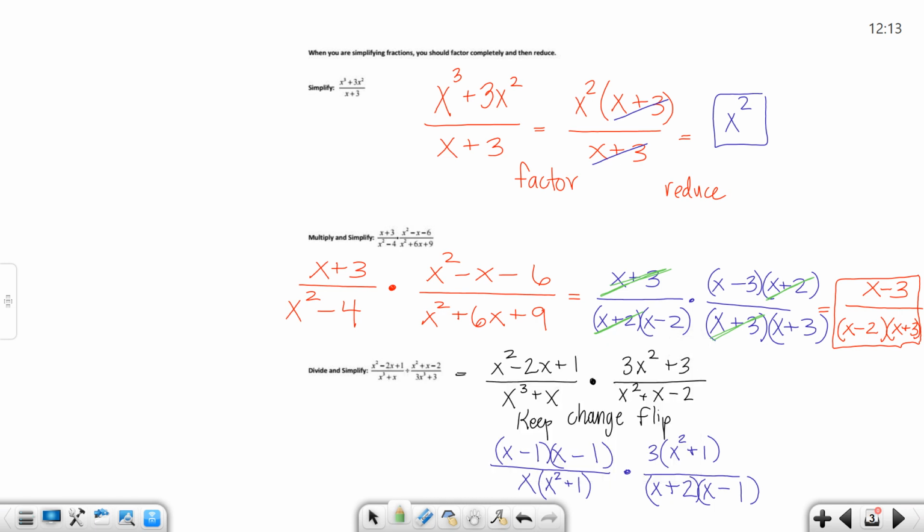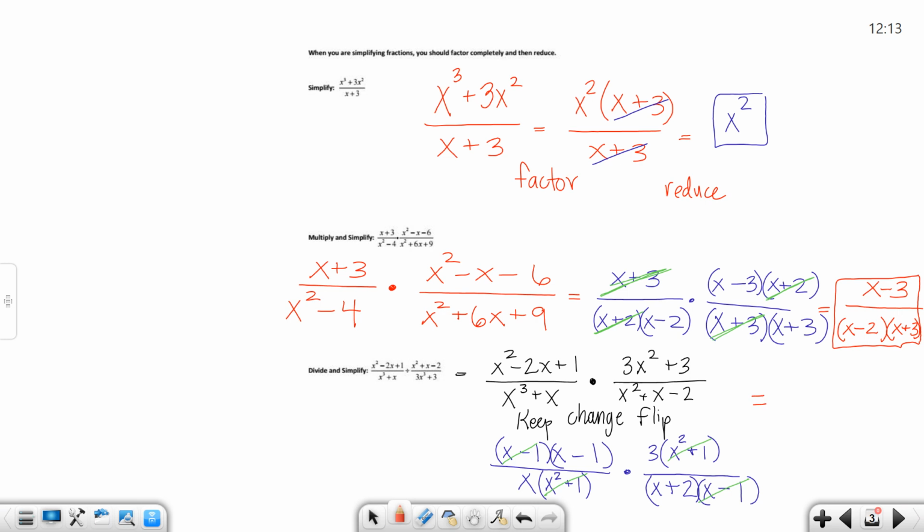Now then, remember, any common factor in the top will cross out with any common factor in the bottom. So an x squared plus 1, those would cross out. One of these x minus 1s would cross out, but they can only cross out a pair, so that's how that would be left. And I don't see anything else that crosses out.